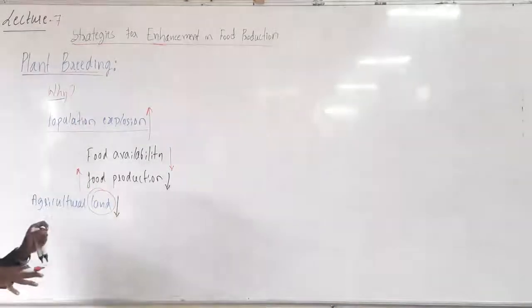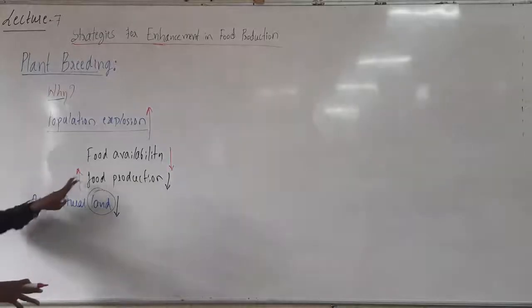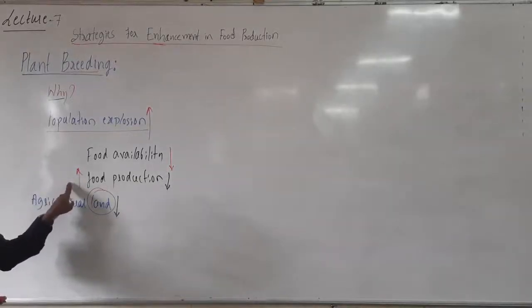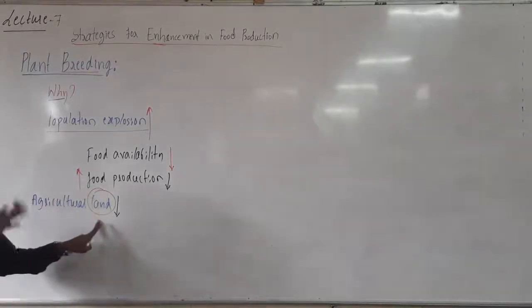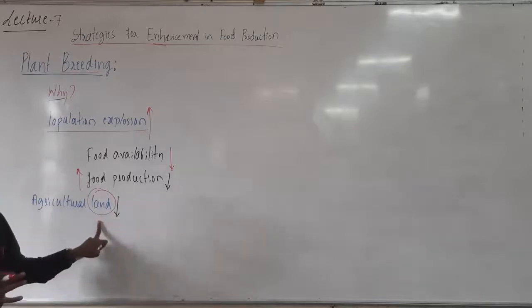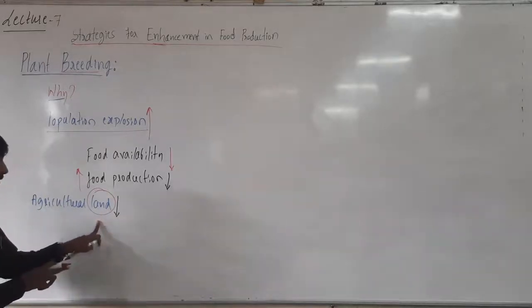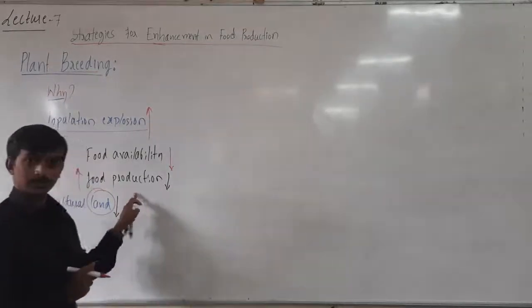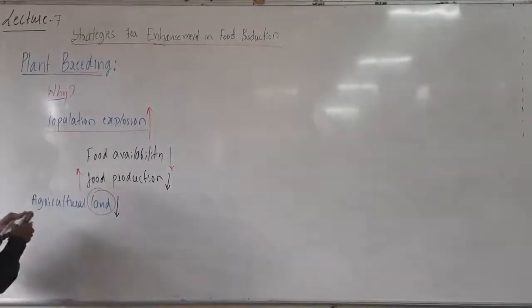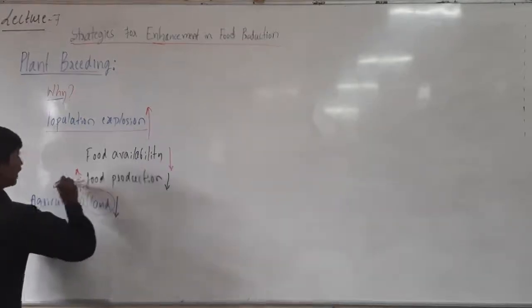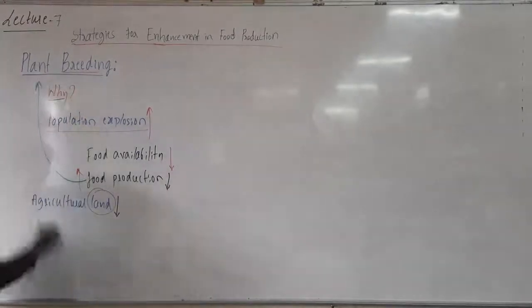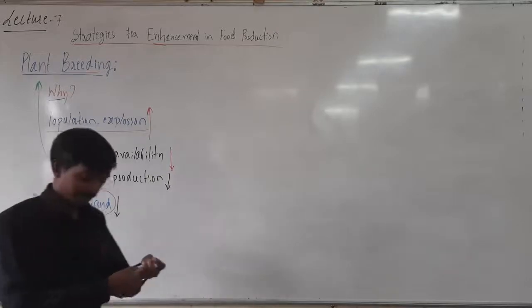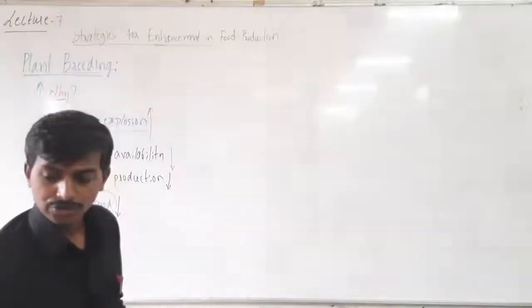So now the task is increasing food production by using the same or a fixed amount of land, right? So for that we should focus on food production. So the process, plant breeding, started just to increase the food production.